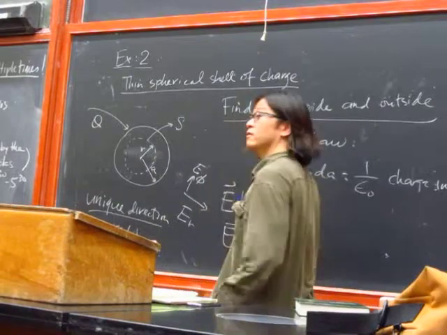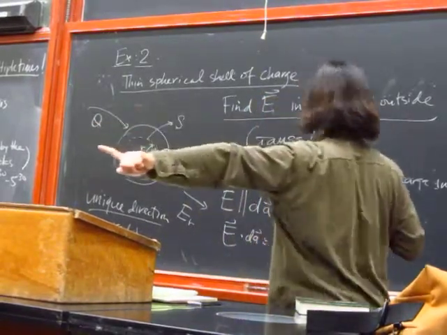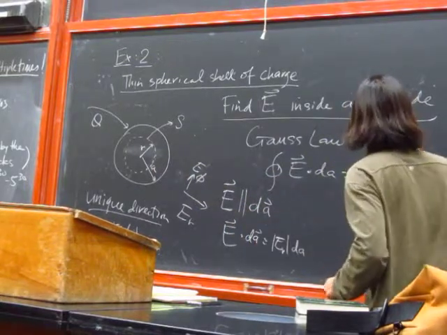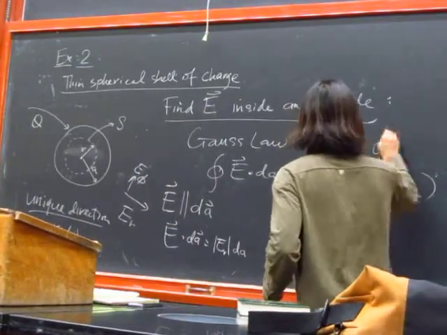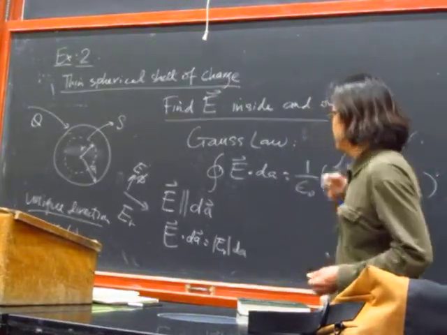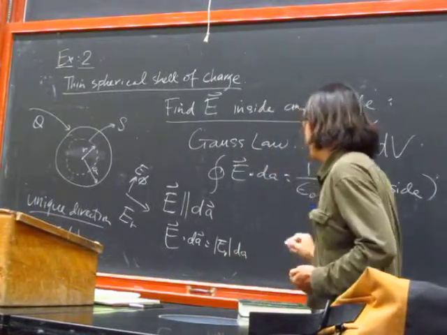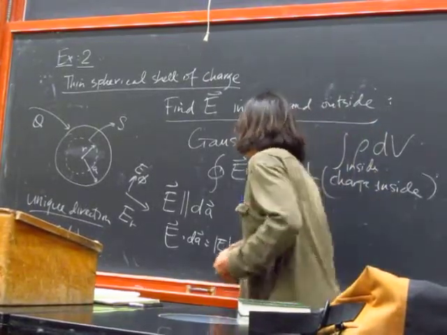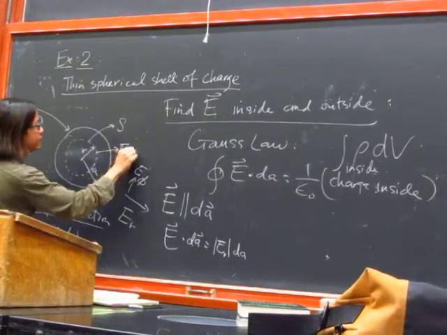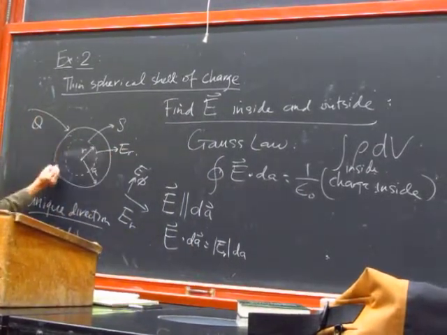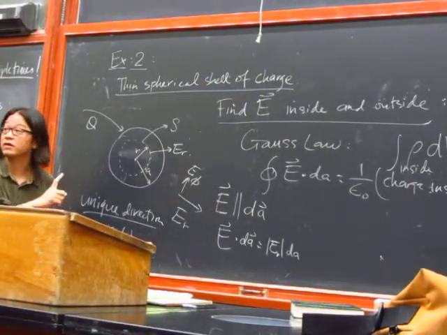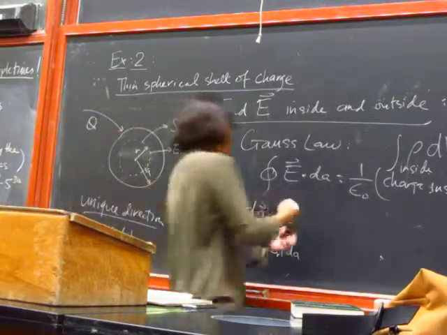So, is it Q enclosed in that form? Yeah, that charge, I should have written it as rho, the charge right inside. So E_r times the area. But I can pull the E_r out, because the electric field is going to be the same everywhere along the surface S by symmetry.